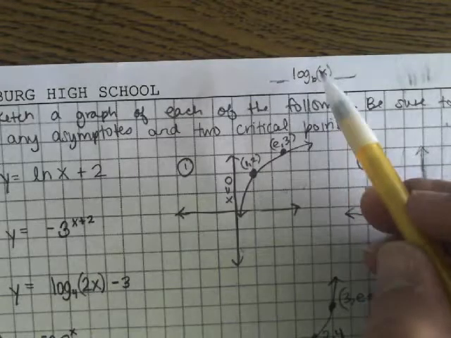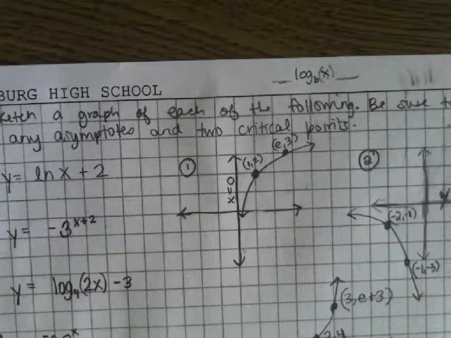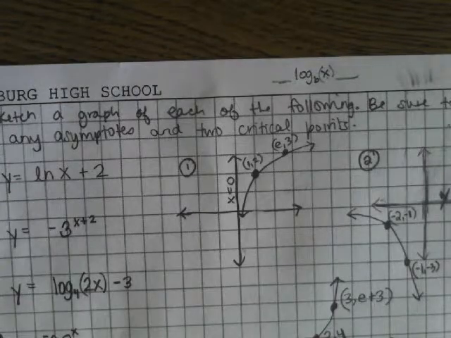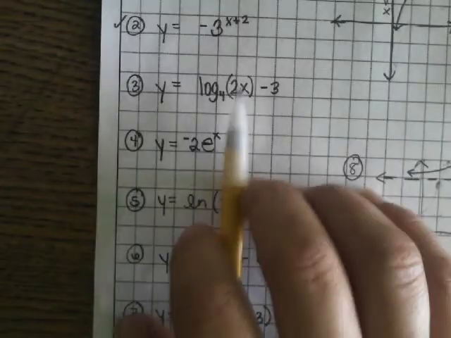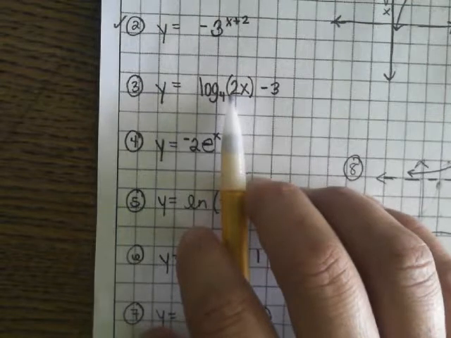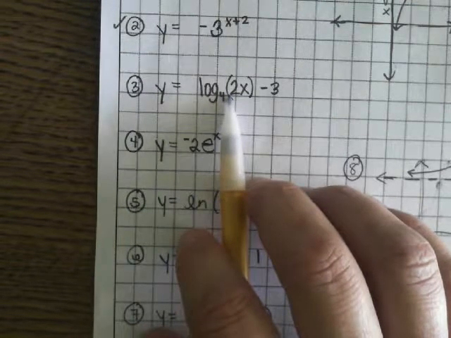Is that clear? Okay? Anything that happens horizontally is kind of the reverse of what your instinct would tell you. Your instinct would tell you if you're multiplying by 2, you're probably stretching it, right? But the opposite is actually true when you're dealing with horizontal movement.